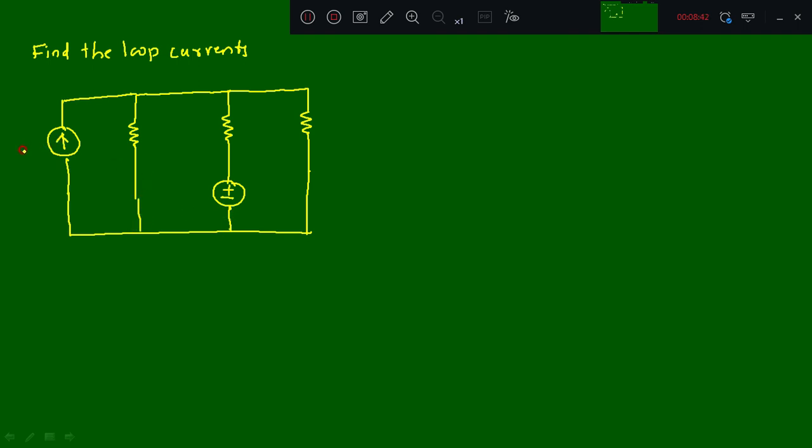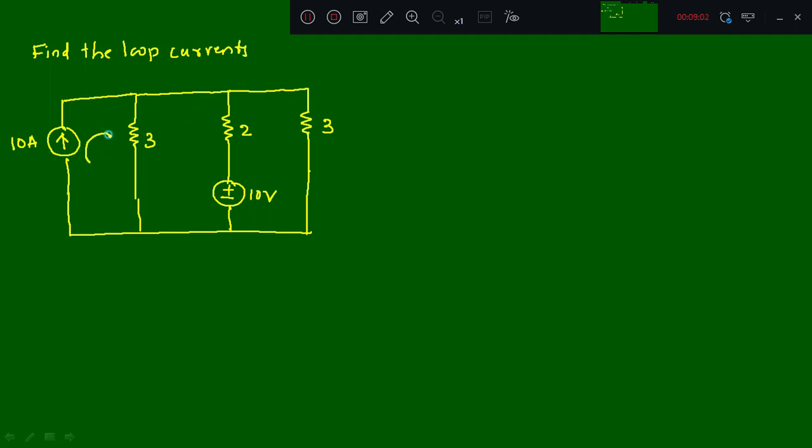So this is the current source having 10 amperes. Remember, this is a current source, not a voltage source. This is 3 ohm, this is 2 ohm, this is a voltage source having the value 10 volts, then 3 ohm, right? Need to find the loop currents.